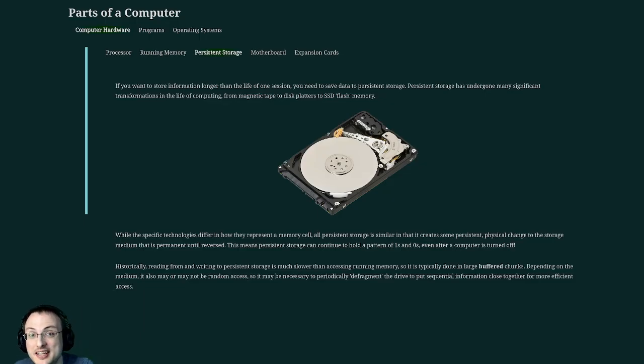But then when you go to read the CD, the light reflects differently off of those little dips. And so the lens knows, oh, I am sitting above a 0 or I am sitting above a 1. And the neat thing about this is, unlike our RAM, we've created a change in the physical world. Even if the computer turns off, that CD still works the same.